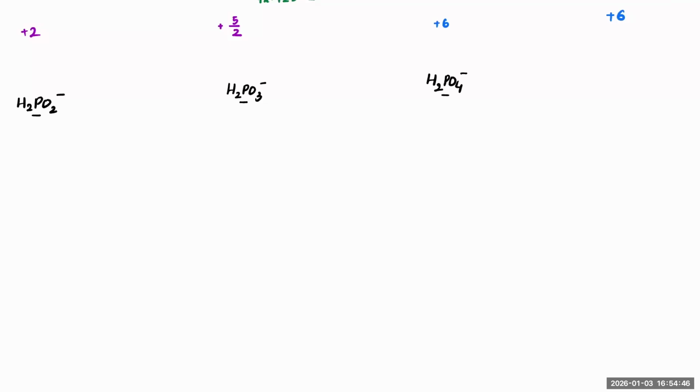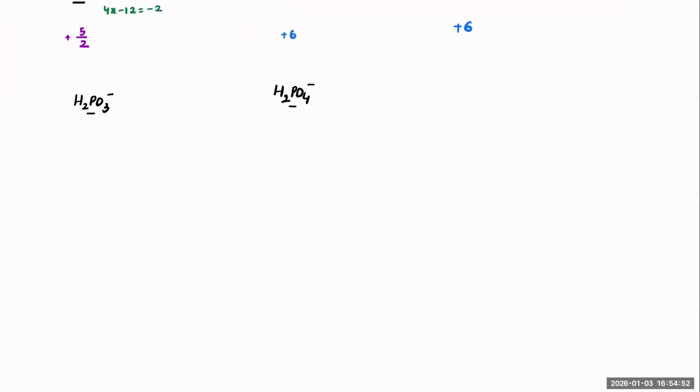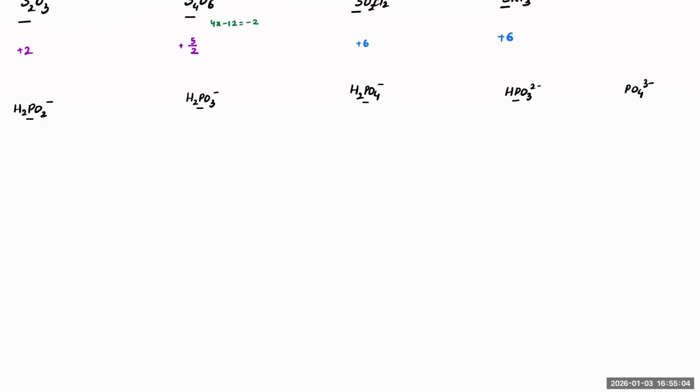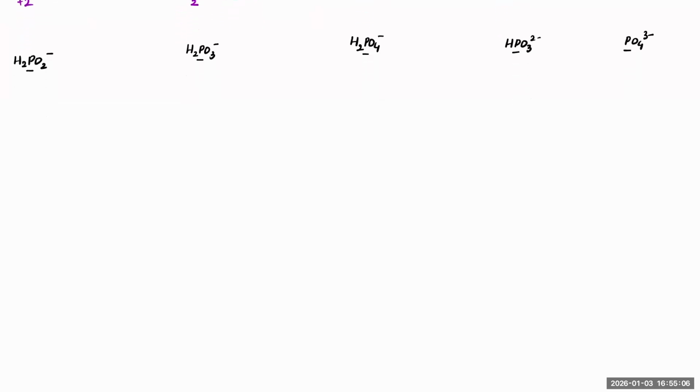And accordingly, you can name it. What if we have other parts of it? That is, you have HPO3 2 minus and PO4 3 minus. In these cases, the oxidation state will remain the same, but what is the name?